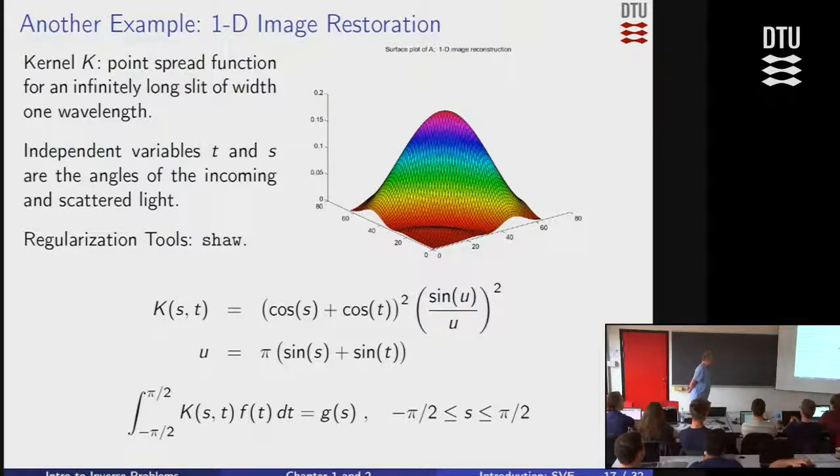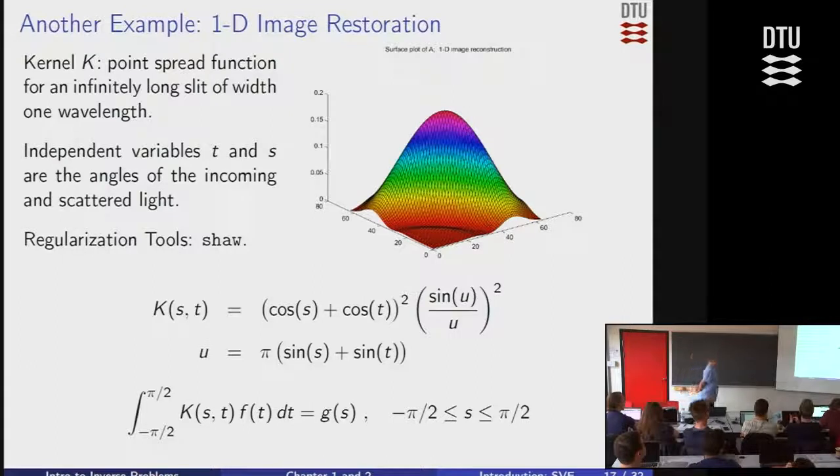This particular test problem is called Shaw. It's a 1D test problem where the kernel is given by that strange function there. I think this particular test problem actually comes from a physical model. You have an infinitely long slit. You send some monochromatic light through that slit.